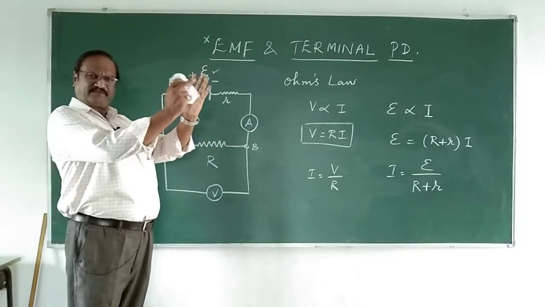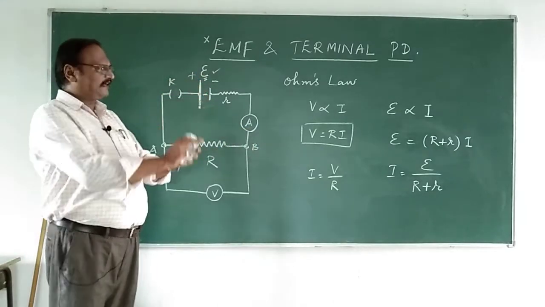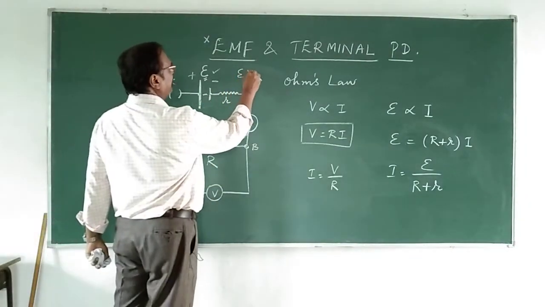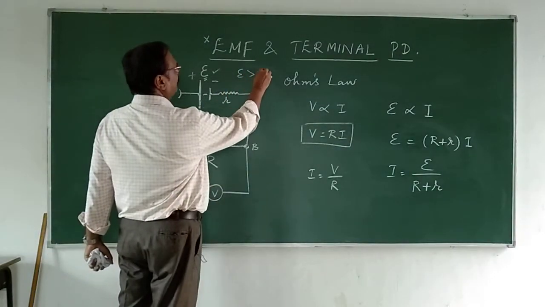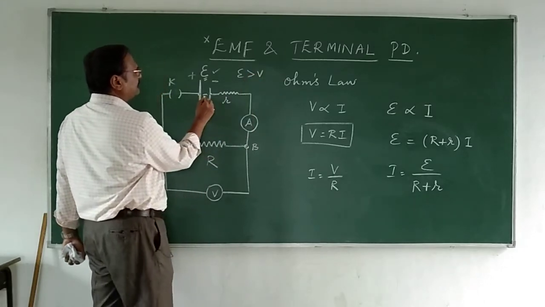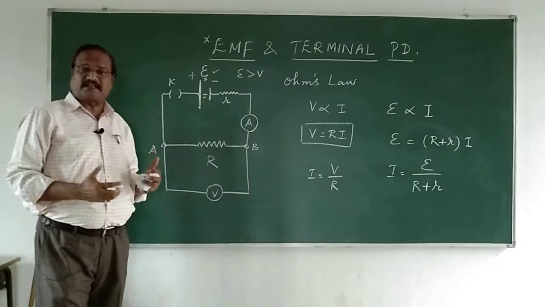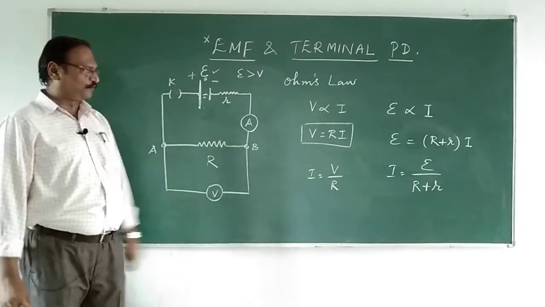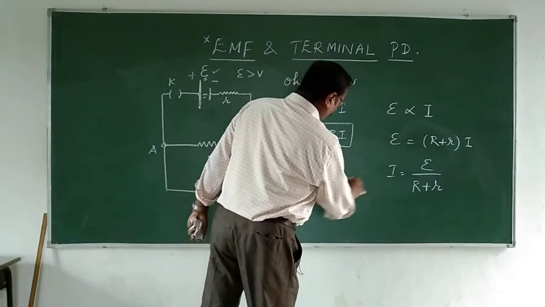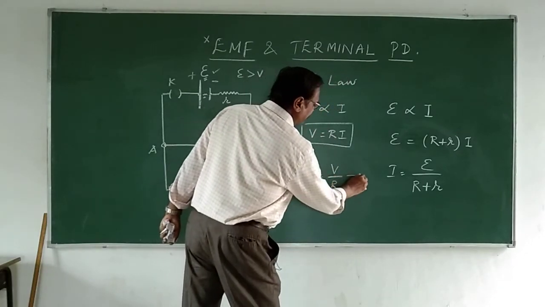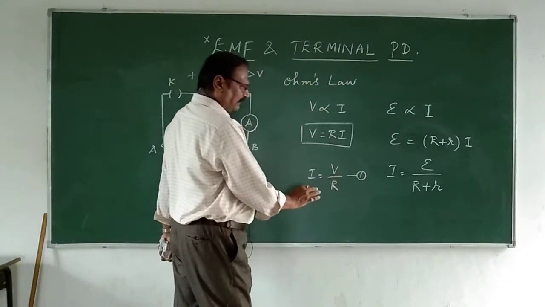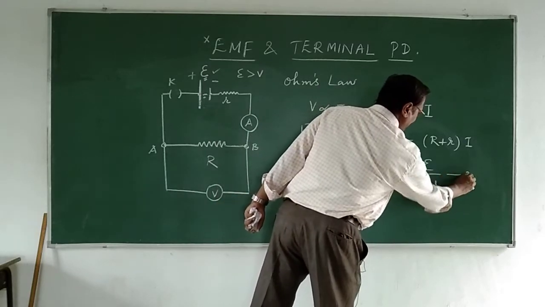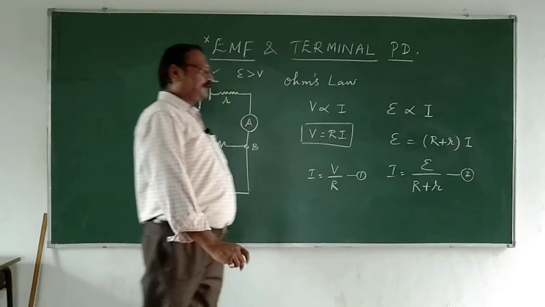The cell has everything inside, right? And that will be greater. Usually, the EMF will be greater than the potential difference, because the internal resistance also will take up a certain amount of current, or the current will pass through it. Now you understand these 2 points. One is I is equal to V upon R, and I is equal to epsilon upon R plus r. Call this equation number 2.